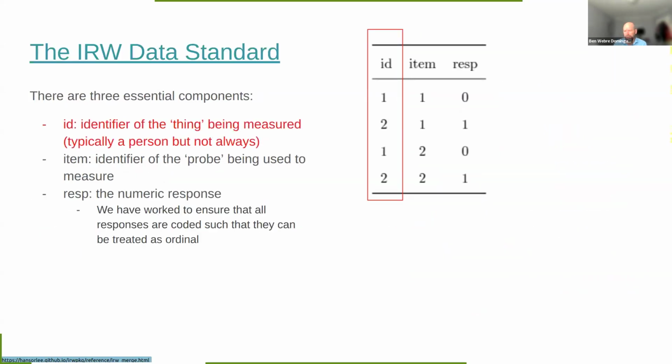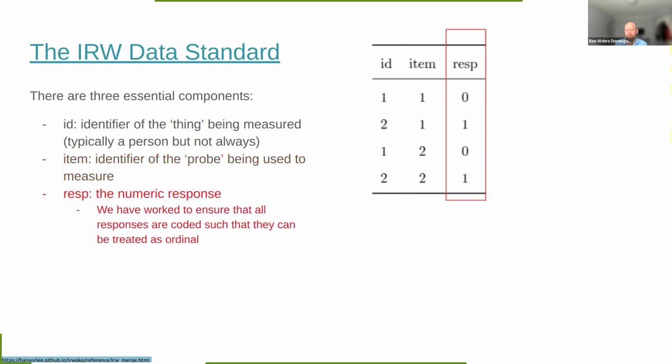So here is a picture of the data standard, and there are three essential components. The first is the ID, which is the identifier of the thing being measured. It's typically a person, but not always. The second is the identifier of the probe or the item being used to measure. This is just an ID. It might be numeric, it might be alphanumeric.